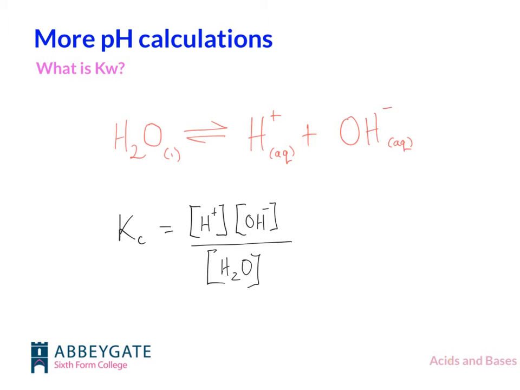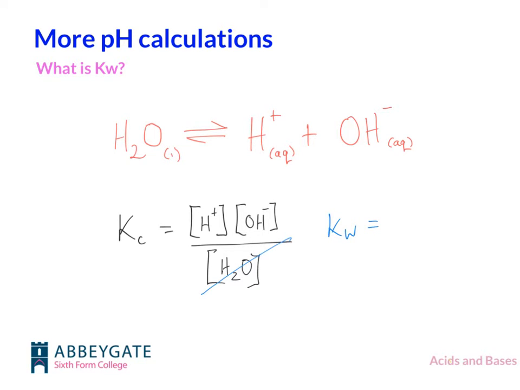In fact, we can see that the concentration of the water is so massively big that we can actually exclude it altogether from the equation. So what we do is we put a line through it. And this means that we rewrite the equation and we call it Kw.